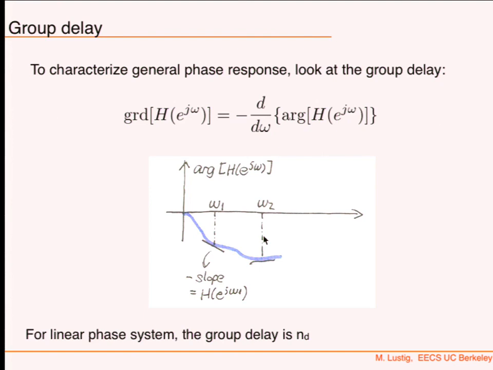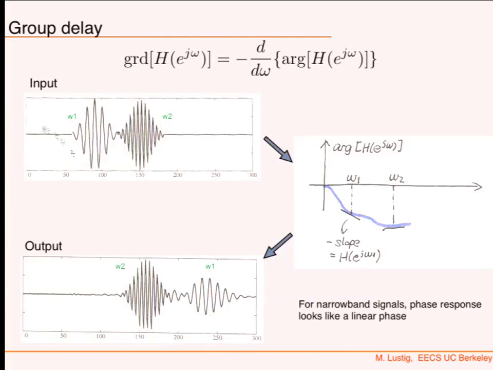Okay, so a narrowband pulse at around ω1 will see a linear phase slope that is much more significant, so the group delay is much larger than what a pulse around ω2 would see. And hence, a pulse at ω1 that is lower frequency would be delayed more after going through the system than a pulse at ω2.